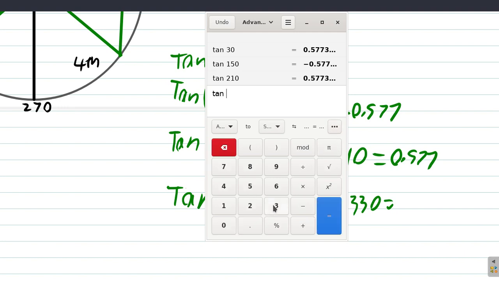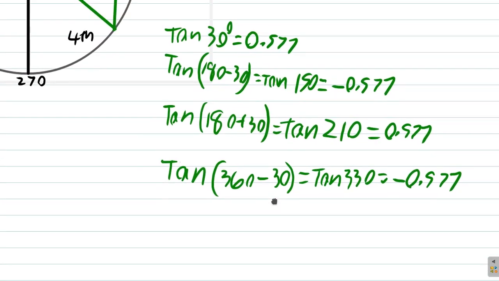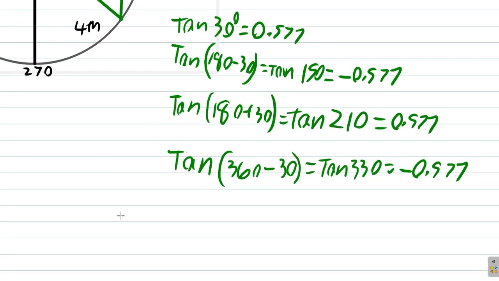Tan 330 equals negative 0.577. So it's negative 0.577. That means if you were asked to find the angle theta such that tan theta is equal to 0.577, you would have found two angles so far.